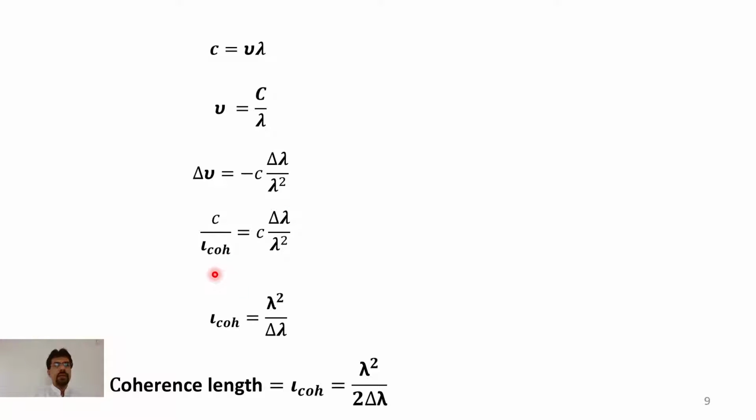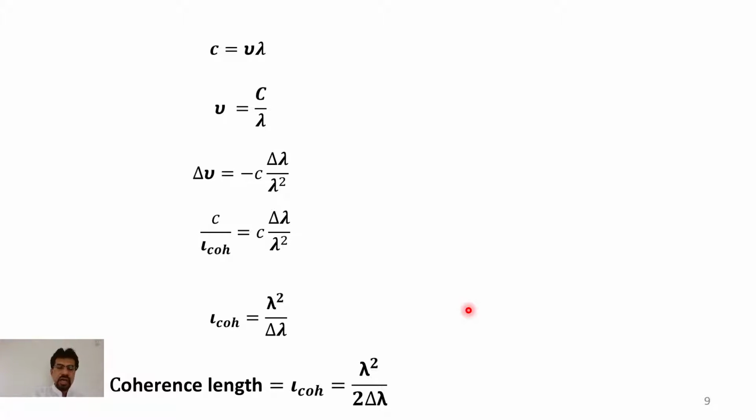Substituting del nu in the above equation, we get c divided by L coherence equals c times del lambda divided by lambda square. Cancelling c on both sides, the coherence length equals lambda square divided by del lambda.